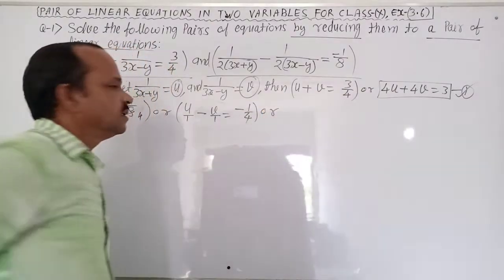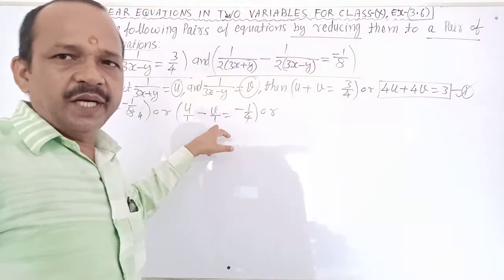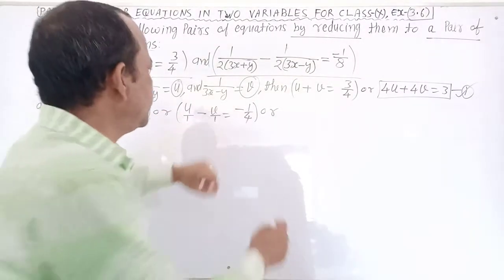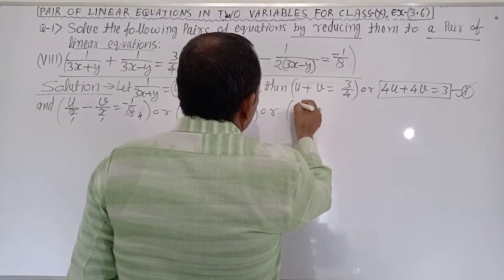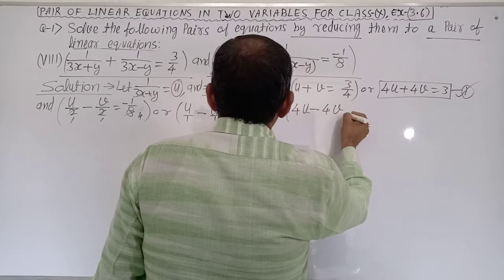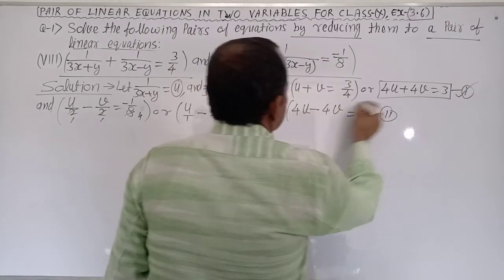Here 4, here 1 and here 1. You multiply by 4 in u and minus v. It becomes 4u minus 4v equal to minus 1. It is equation second.